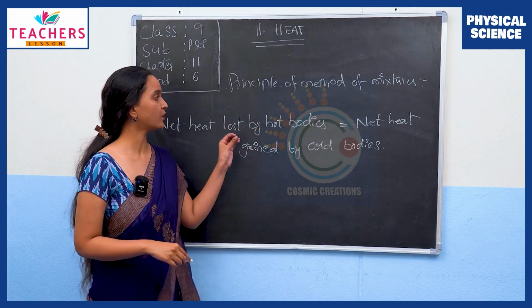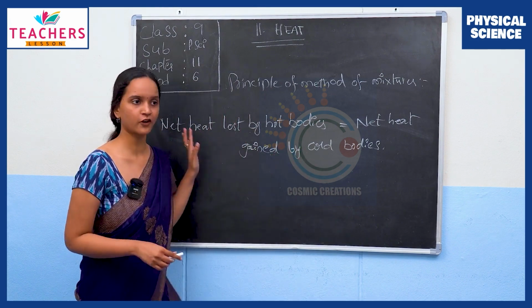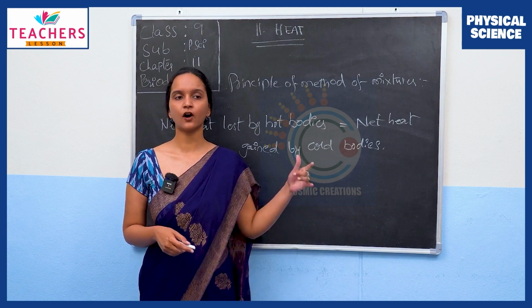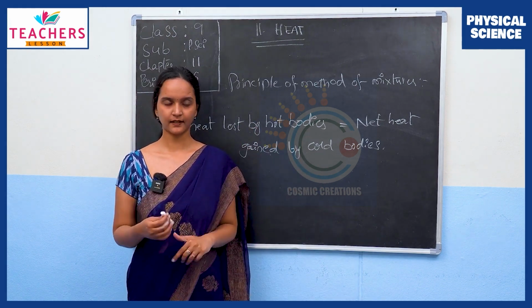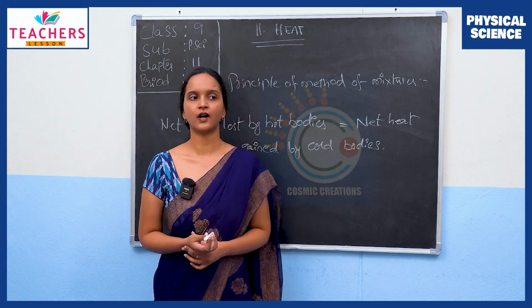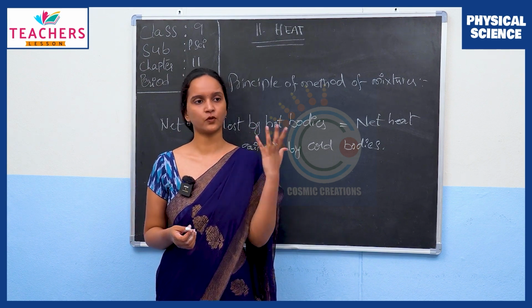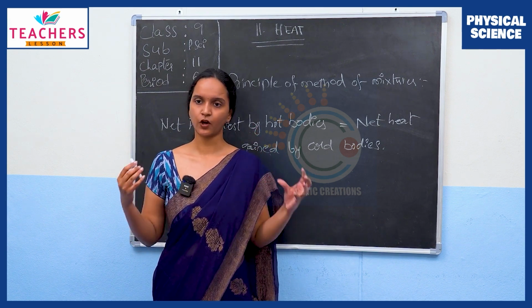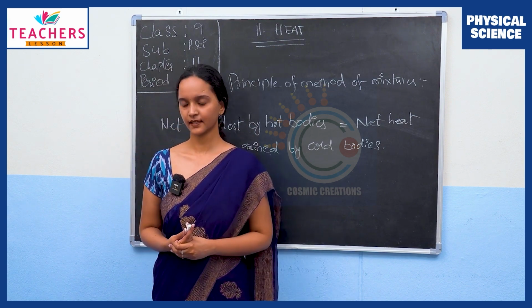This flow of heat keeps on going till all these bodies attain thermal equilibrium. Using this principle in the previous session, we found the temperature of a mixture when two or more samples are mixed or brought into thermal contact. Any questions?